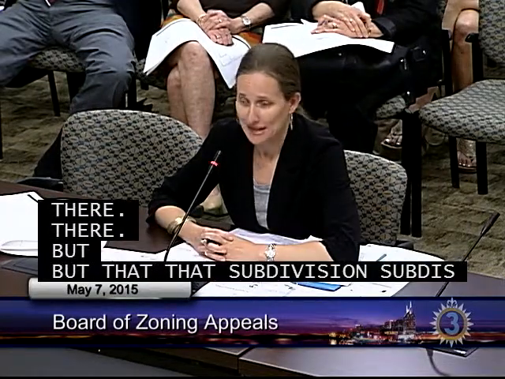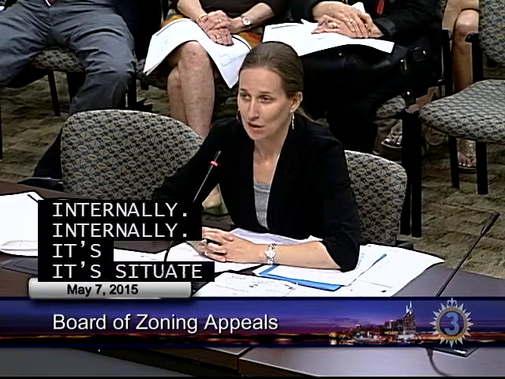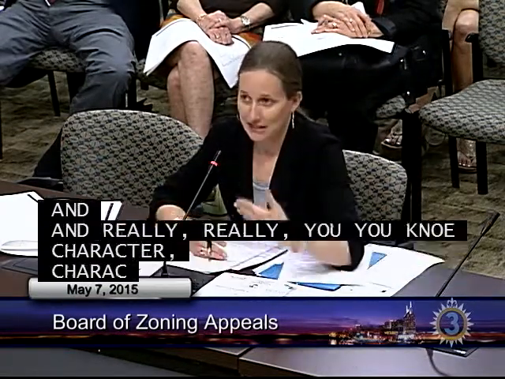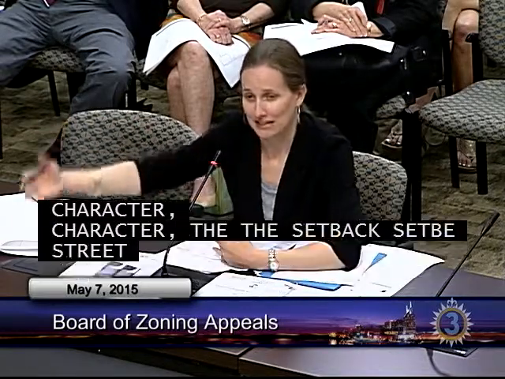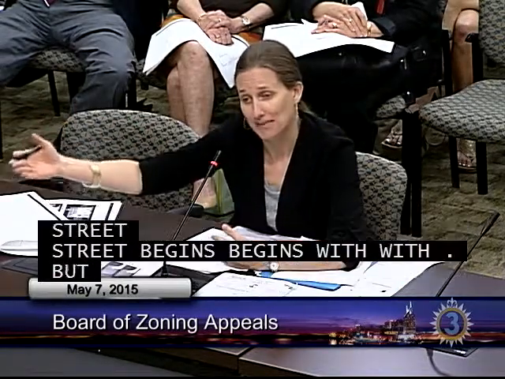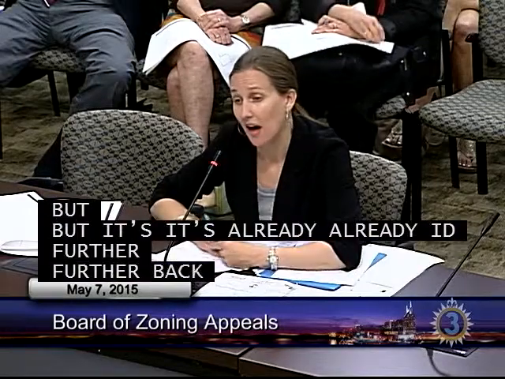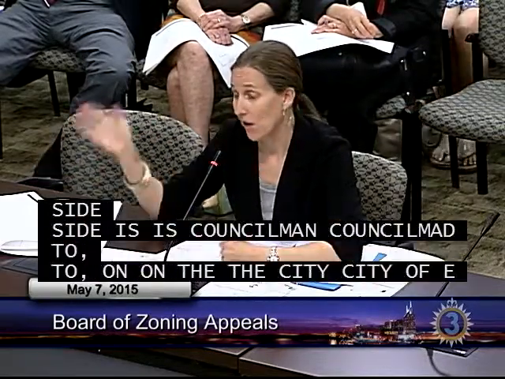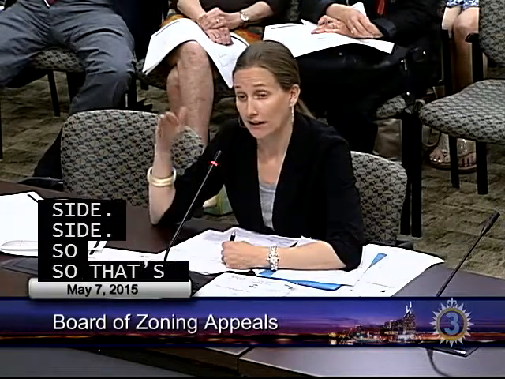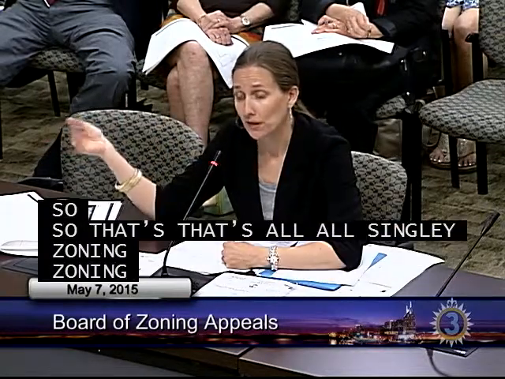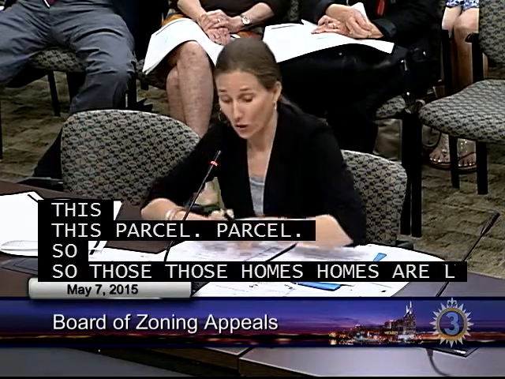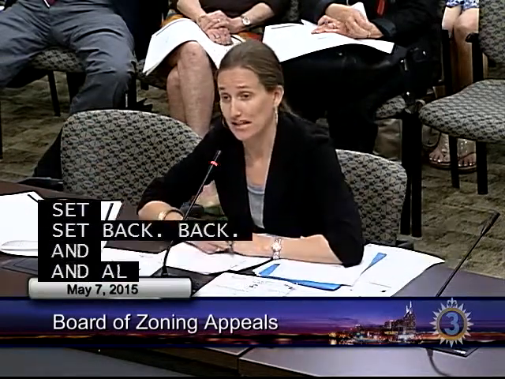It's situated on West Tyne, and really, the character, the setback of the street begins with this parcel, but has already initiated further back on the opposite side, as Councilman Todd alluded to, on the City of Belmead side. So that's all single-family zoning on the opposite side to this parcel. Those homes are all very well set back, and all other 24 homes down the street are comparably set back.